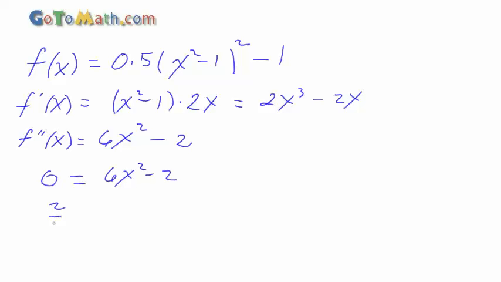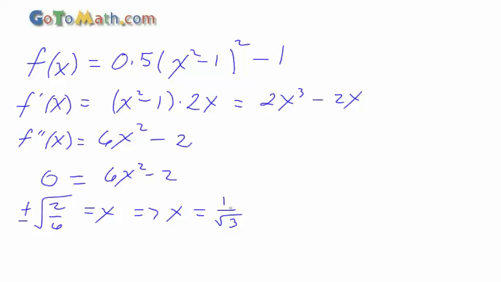So we end up with x equals plus or minus the square root of 2 over 6. Let's rewrite that and switch x around to the left. That reduces down to 1/3. So we end up with 1 over the square root of 3, which can be rewritten as square root of 3 over 3, but we'll just leave it like that.